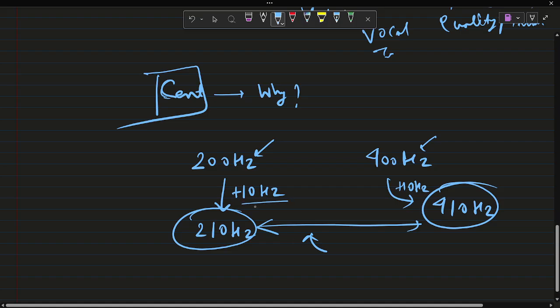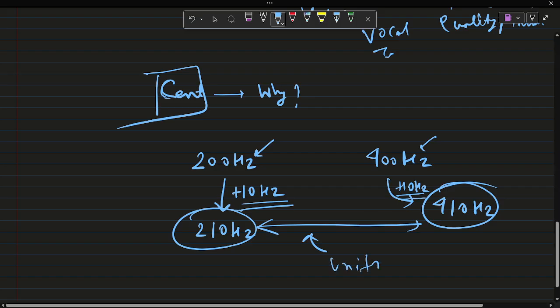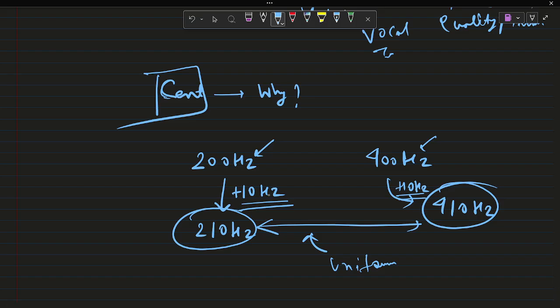the perception of this increment is not uniform. From 200 hertz, if we increase by 10 hertz, we get 210 hertz. From 400 hertz, if we go to 410 hertz, the increment is the same 10 hertz.